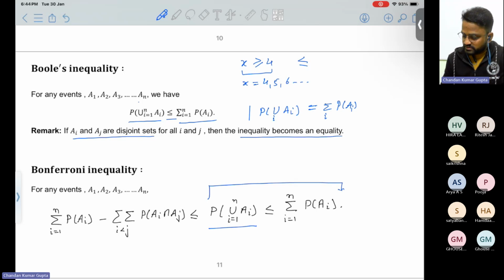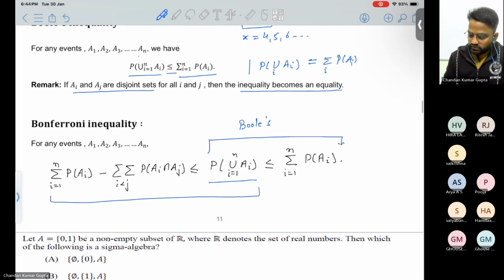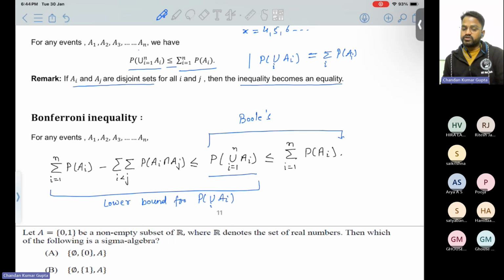This part is Boole's inequality, and this other part gives the lower bound, or lower probability, for the probability of the union of Ai. This is for the lower bound and this is for the upper bound. So it gives a bound.